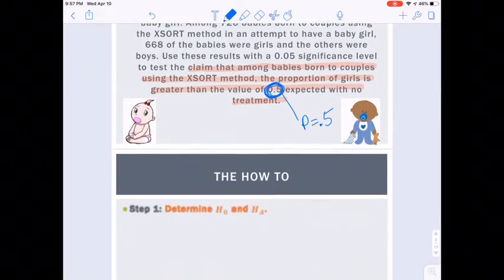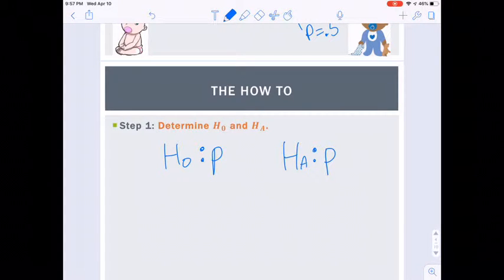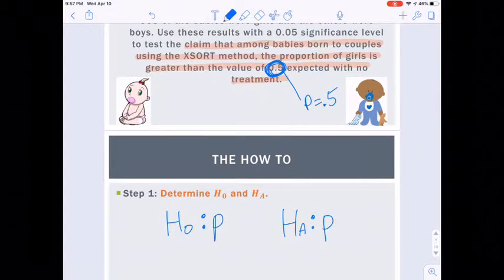So let's get started with our process. First step is to set our hypotheses. So we're going to be setting a null and an alternative hypothesis. Well, we're talking proportions, so it's going to be p for each of these. And as I said, the claim is talking about 0.5. So 0.5 is going to be the number aspect of these hypotheses.